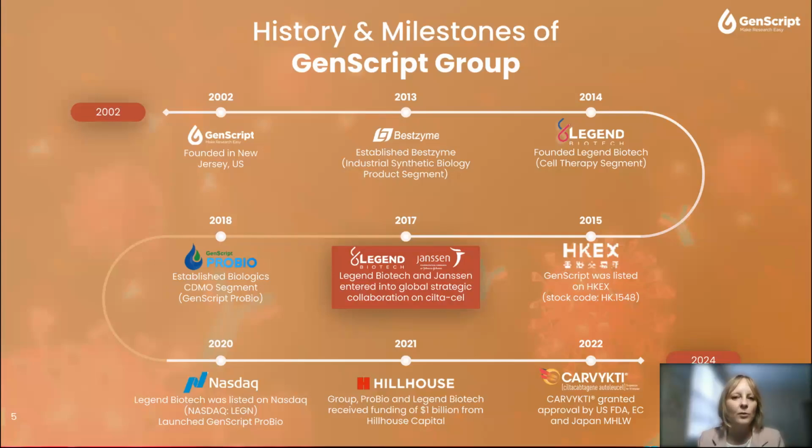We were founded in 2002 in New Jersey here in the US. Since then, we've added some additional subsidiaries like Legend and ProBio, our CDMO. A really huge milestone that I want to mention too was in 2022, our Legend group, in conjunction with Johnson & Johnson, received FDA approval for our first cell therapy product.